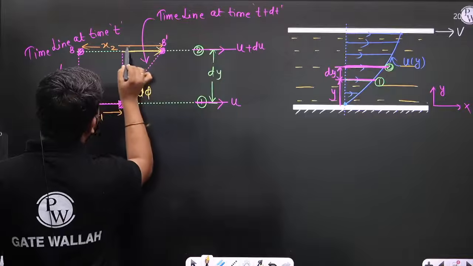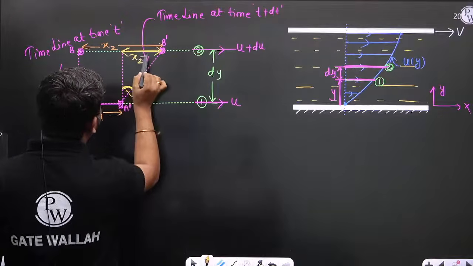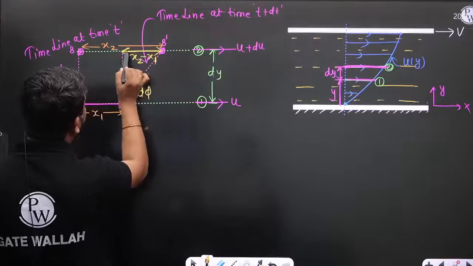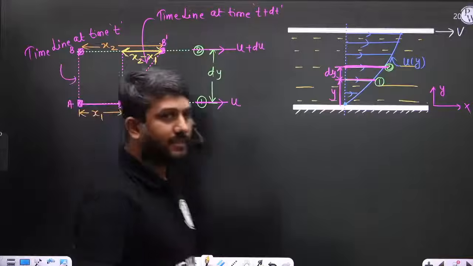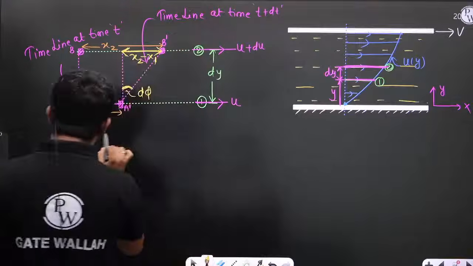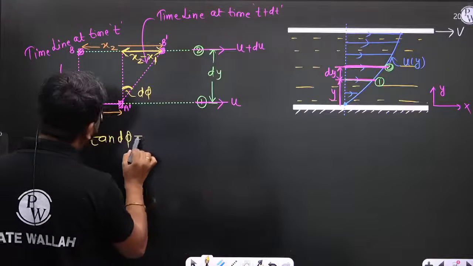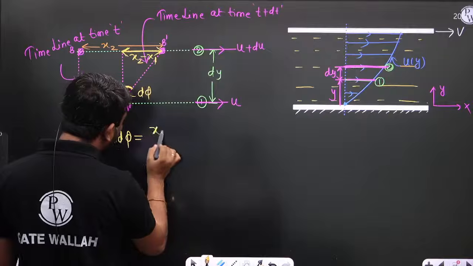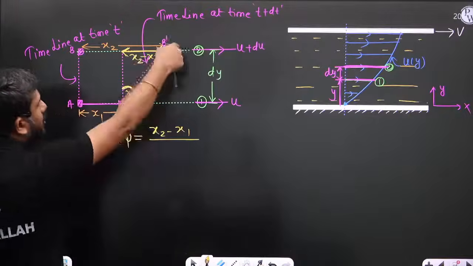Simply we can say this is nothing but x2 minus x1. So we can write from the geometry that tan d phi is equal to x2 minus x1 upon dy.